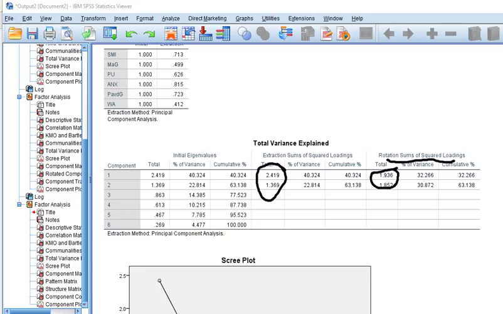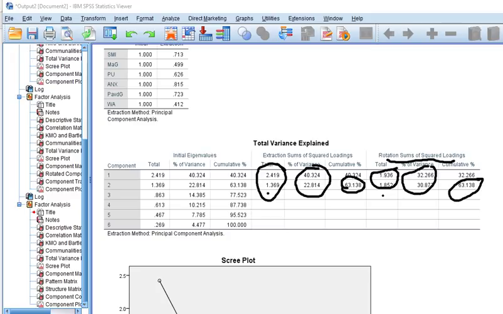So the eigenvalues don't look the same after rotation as before. The percentage of variance accounted for by the components is exactly the same, but the distribution of the variance accounted for looks a little different. It looks like things are a little more spread out across the components.